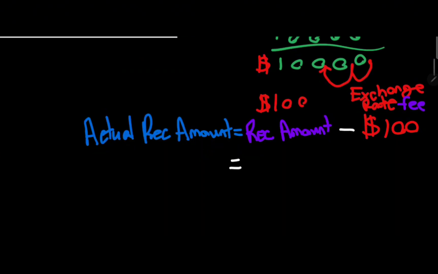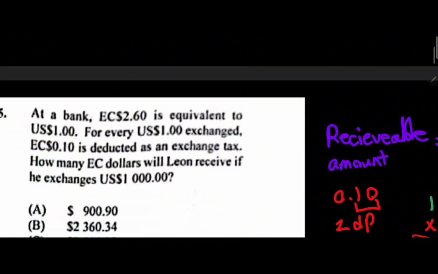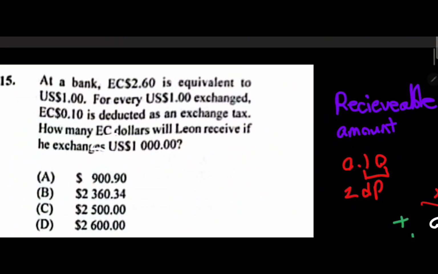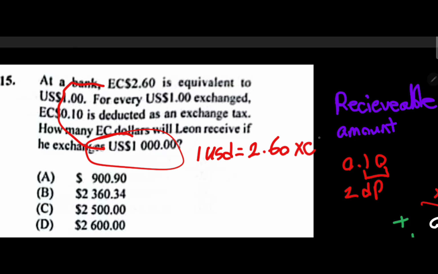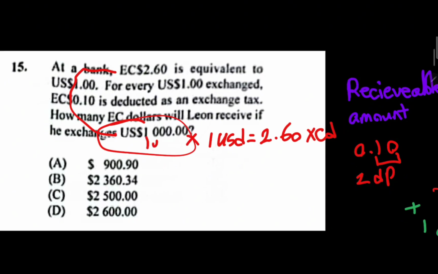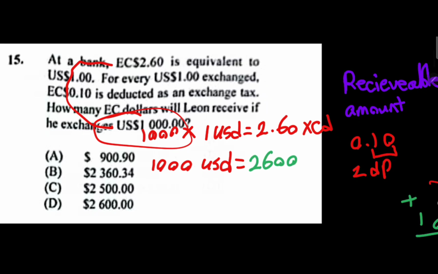So the receivable amount, now what will that be? Well, they say 1,000 US. For every $1 US is equal to $2.60 in EC dollars. And so they received 1,000. So 1,000 times 1 is 1,000 US dollars. So 1,000 times $2.60 would be 2,600, right?